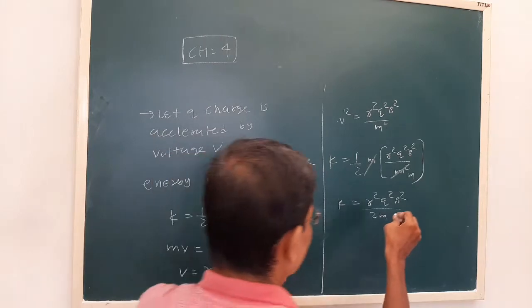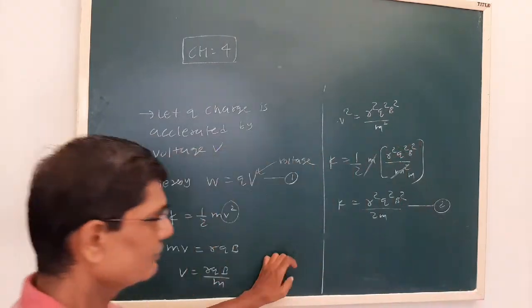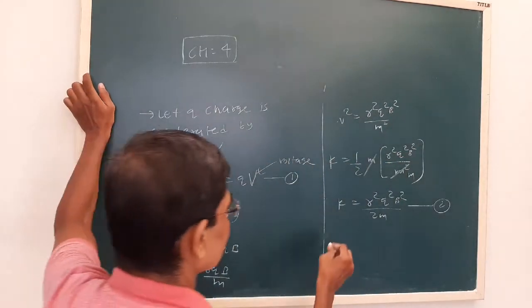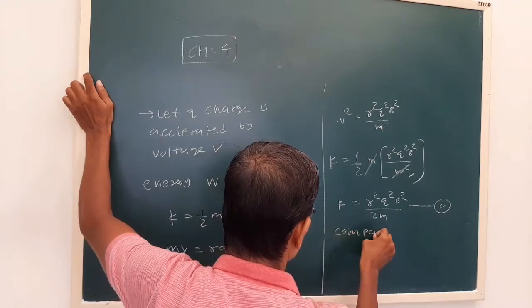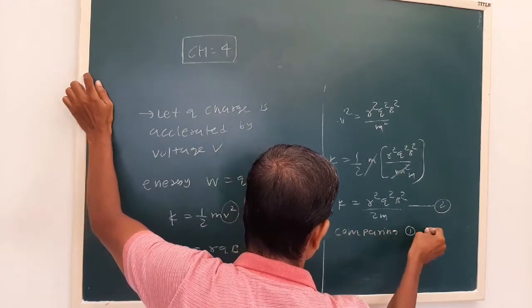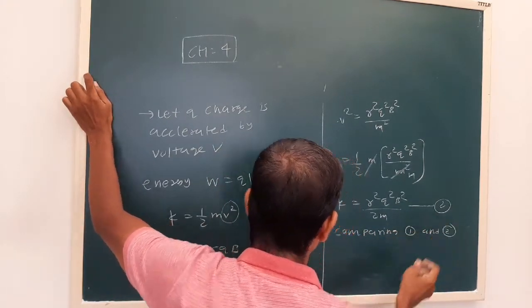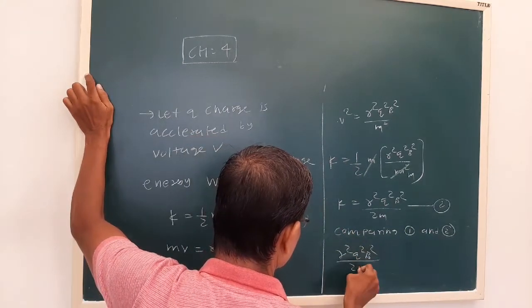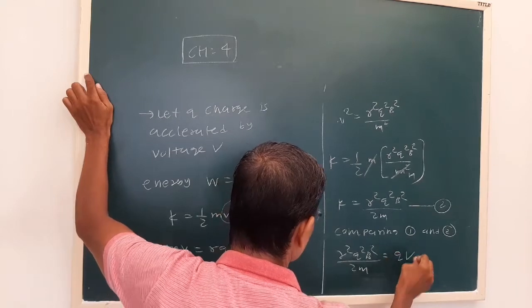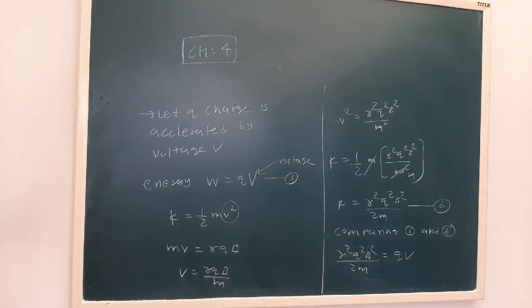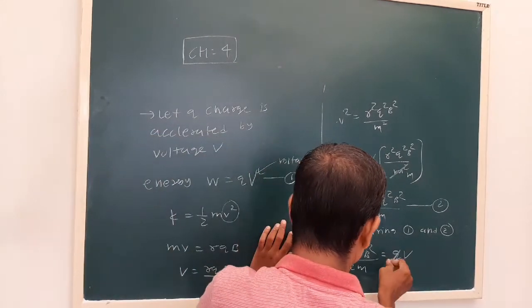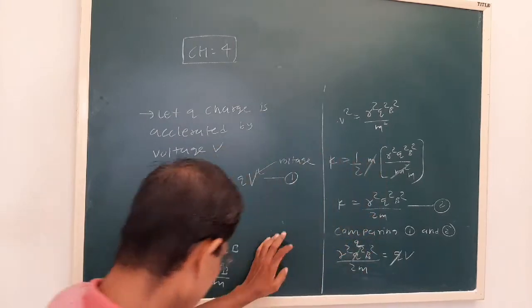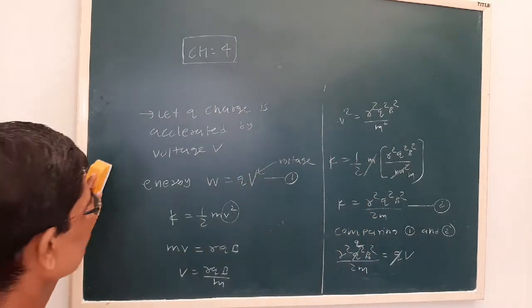This is also kinetic energy. Now if I compare again, okay, that is r square q square B square by 2m is QV. Okay, now what we see here, one of the q will get cancelled.